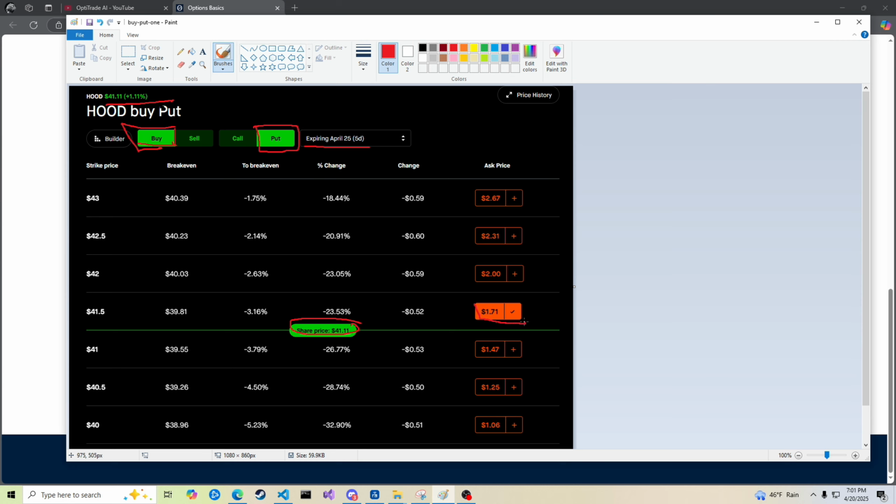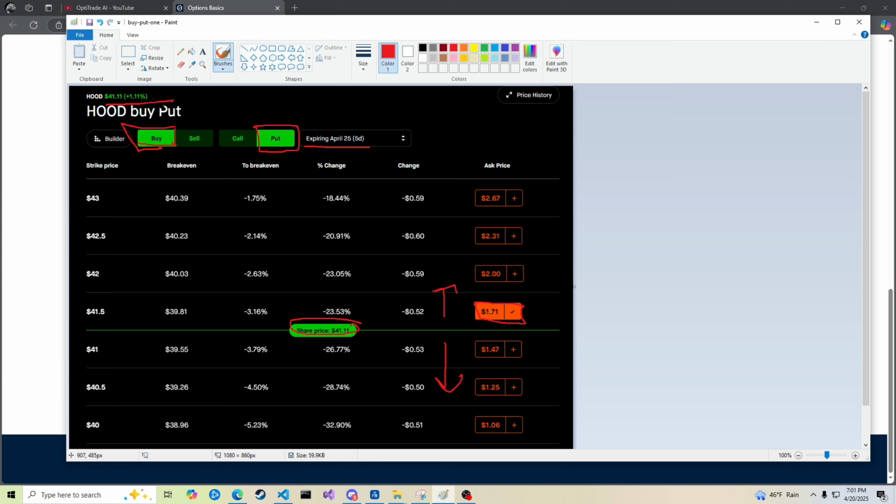If you're buying a put, you're trying to short a stock or an ETF, you're assuming that the price is going to go down. And so in this case, this is in the money, and this is out of the money. Okay, this can be a little bit confusing at first because it is opposite from a call option.